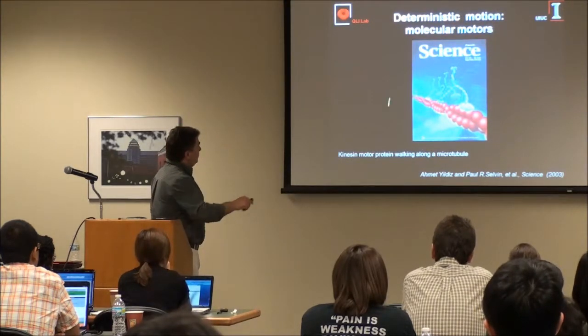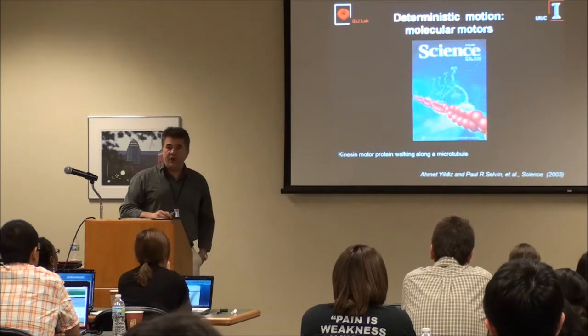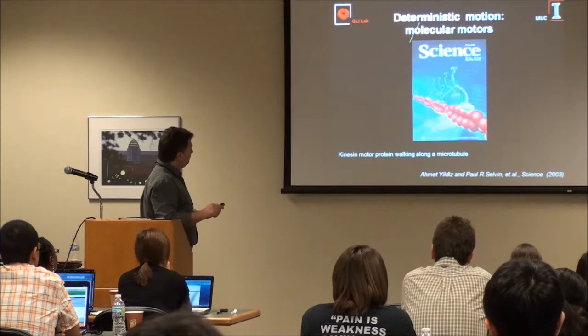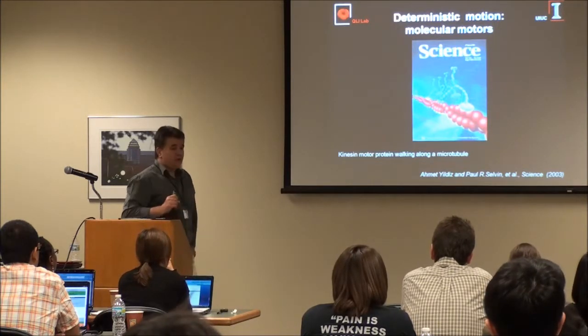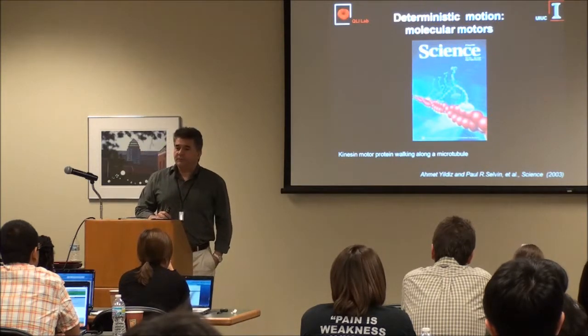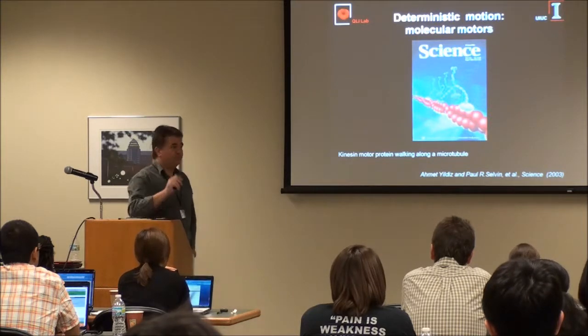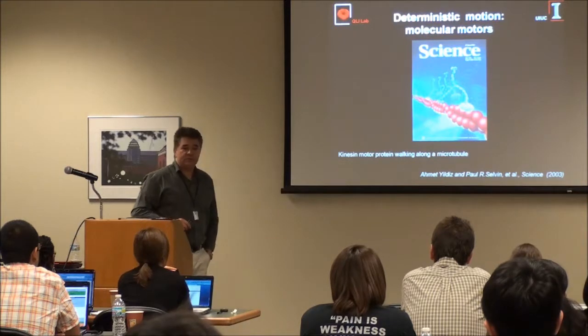And here's an example from Urbana. There are many high-impact papers on tracking, but this is a paper by Professor Paul Selvin's group, who's going to give you a couple of lectures, one tutorial on particle tracking and single molecule imaging, I think one of the afternoons, maybe Thursday. And the second on the science that those methods enable.